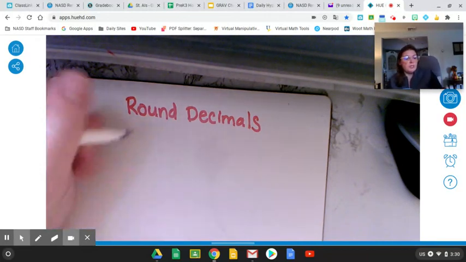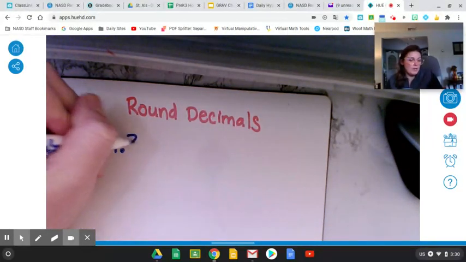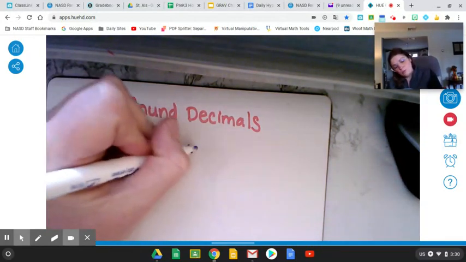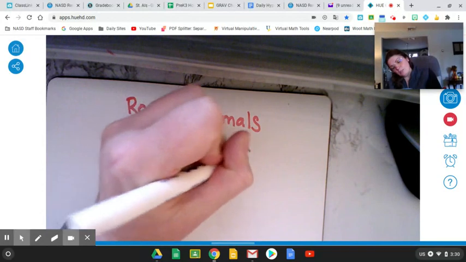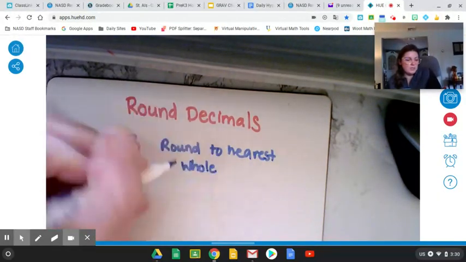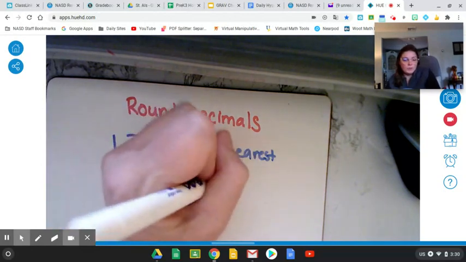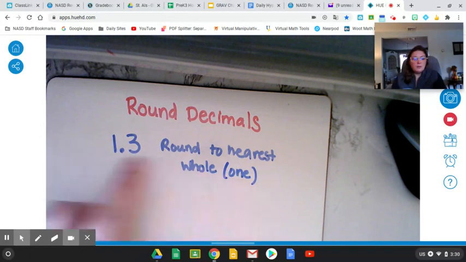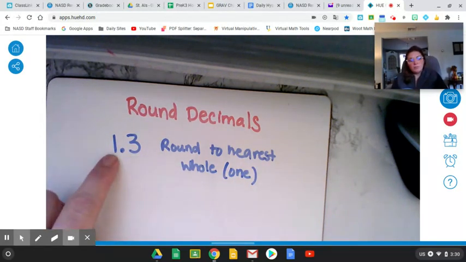In our first example, we're going to take 1 3/10 and we're going to round to the nearest whole. And sometimes instead of the word whole, you'll see 1, and that means the ones place. The ones place is to the left of the decimal point.